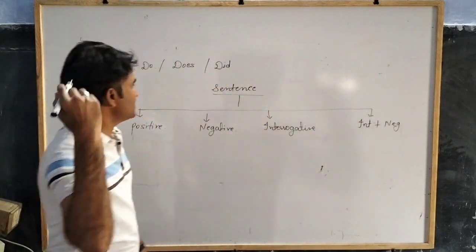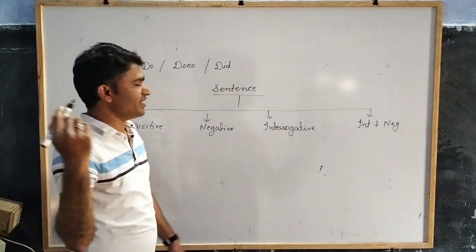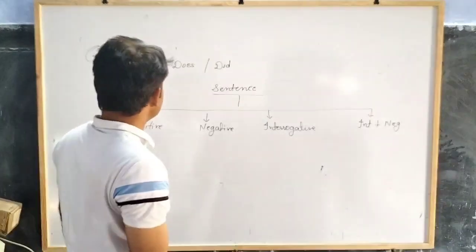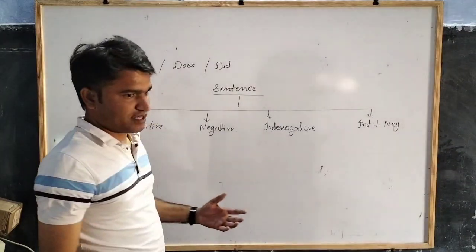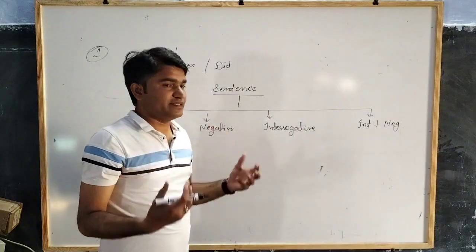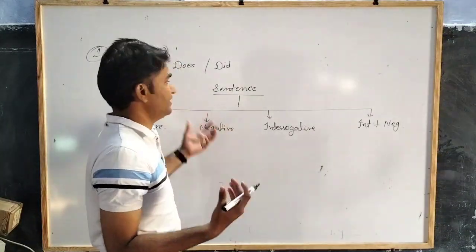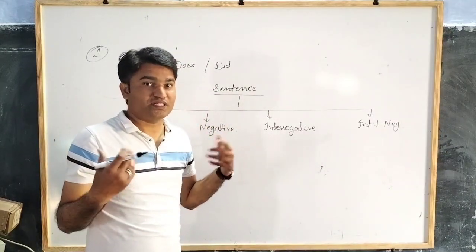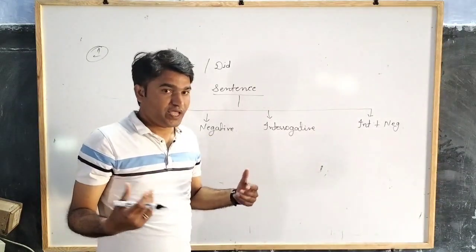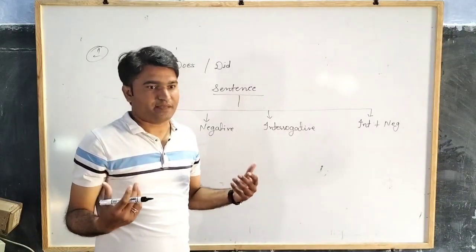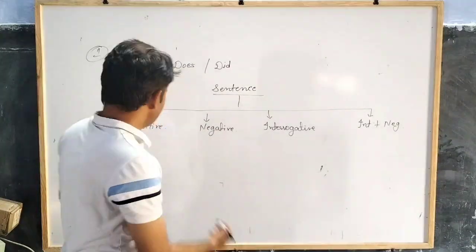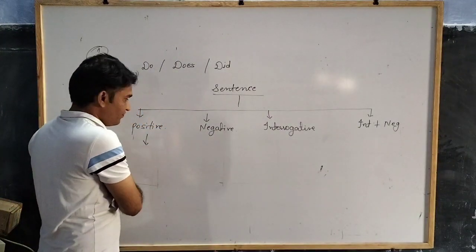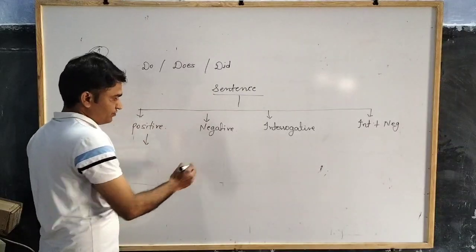Please, dear viewers and my students, don't get confused about why suddenly, in the middle of tenses, I started sentences. Because in tenses, we study sentences also. Along with tenses, we understand sentences also. It needs to be understood first because they are a necessary part of tenses.